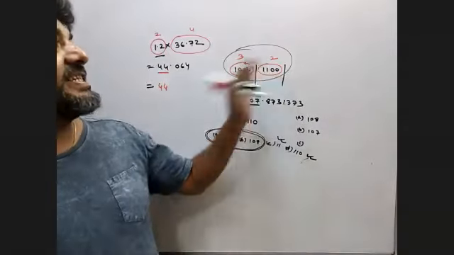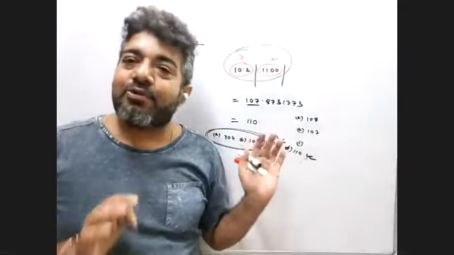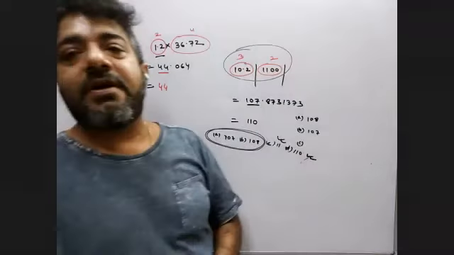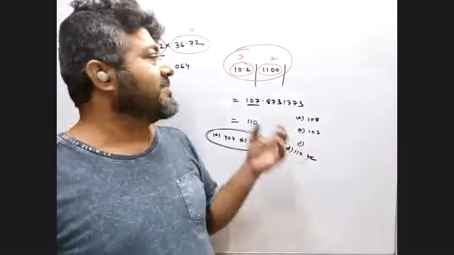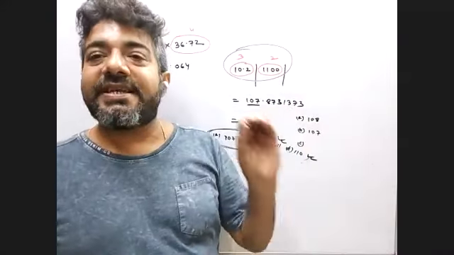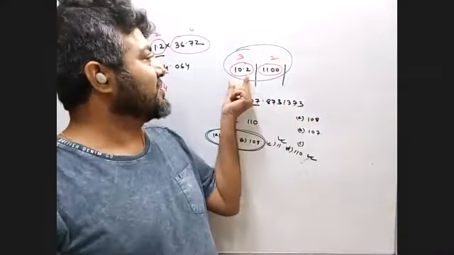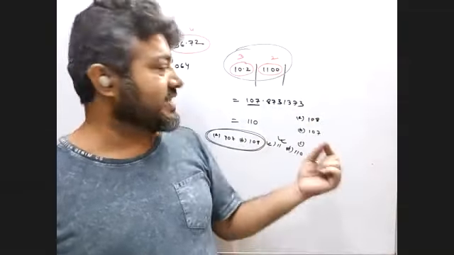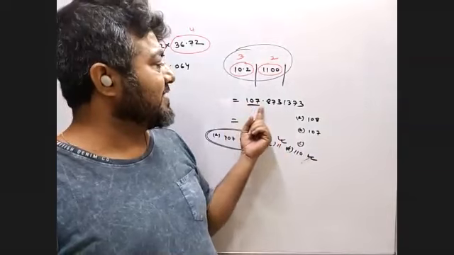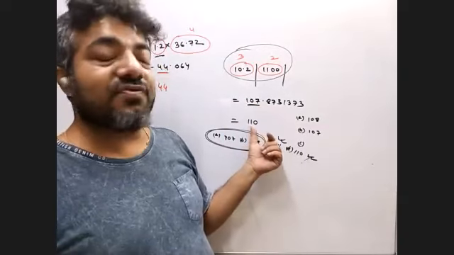For me this has 3 digits, this has 2 digits. The rule says that in case of multiplication and division, my result must have the least number of significant digits. So this one is 3, this one is 2. So my result must be in 2 significant digits. Here 107, so I can write 11.